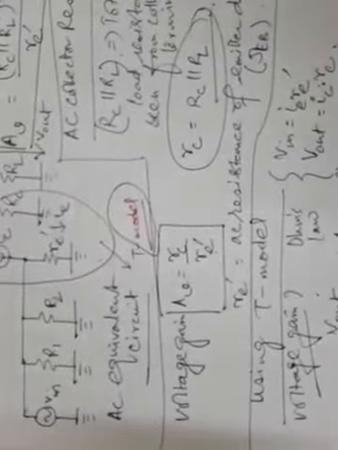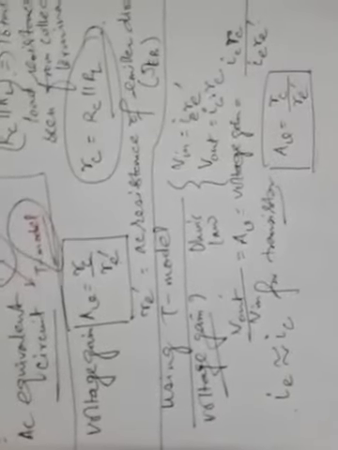Since we know that IE is approximately IC for a transistor in general, because IB will be very, very small, we can simplify this equation considering this factor. AV is equal to rc by re dashed. So this is the expression of voltage gain of a transistor amplifier in common emitter mode using the T model.